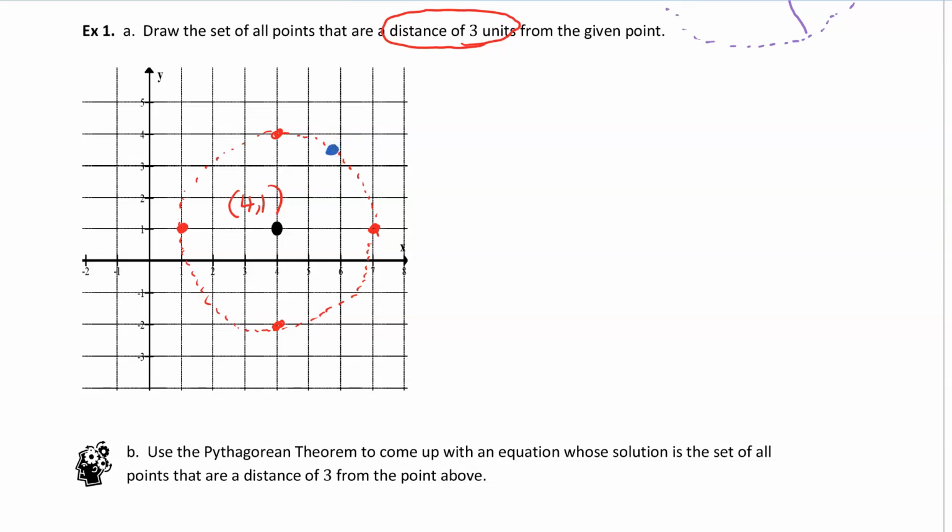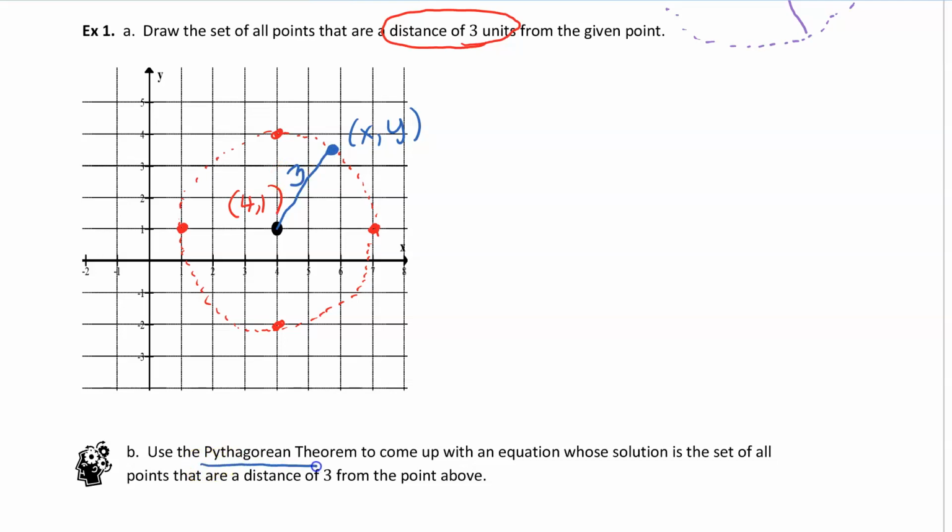I'm just going to pick that 1 point right there, that blue point on the graph, and call it (x, y). A point on the graph has an x value and a y value, and it's an arbitrary point, so we can just call it (x, y). The distance from the center to that point, as we know, is the radius. In this case, the radius is 3.